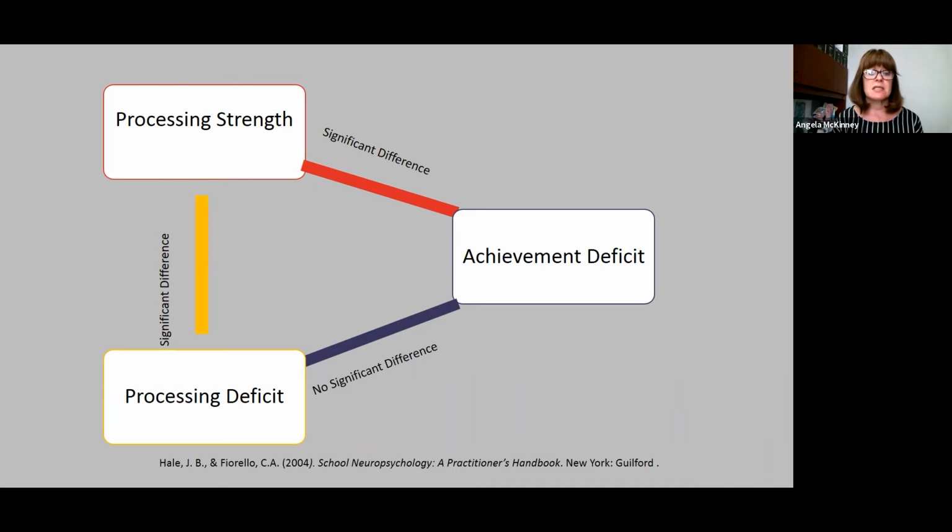So in this case, you got to have a difference between your cognitive processing strength and deficit area. And you also have to have a significant difference between your cognitive processing strength and your academic area that you're struggling with. And then you shouldn't have much of a difference between your processing deficit and your achievement deficit.